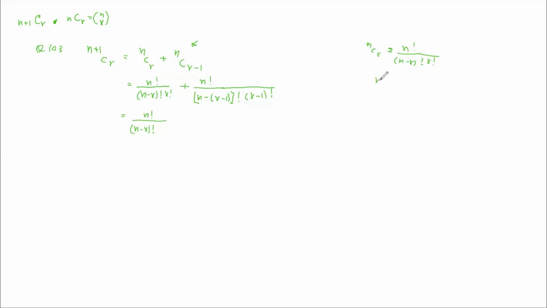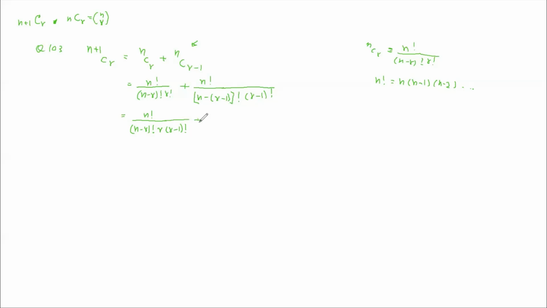Remember, like we have n factorial equal to n times (n minus 1) times (n minus 2) times (n minus 3) and so on. So you replace n with r, that's all. So this is going to be r times (r minus 1) factorial. I will stop right here because (r minus 1) factorial is the same as this one.